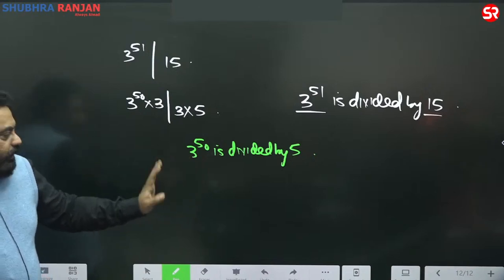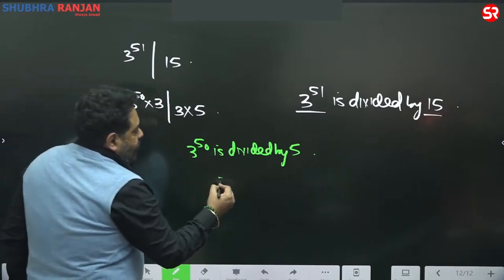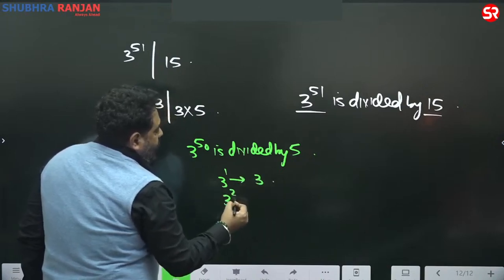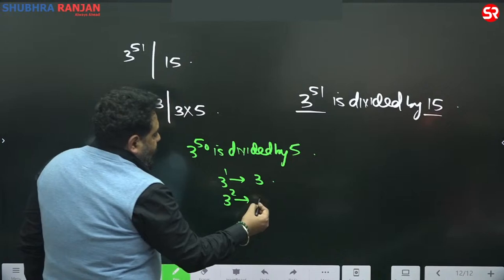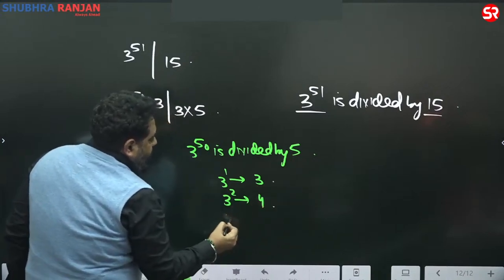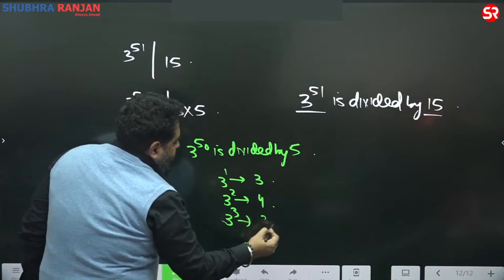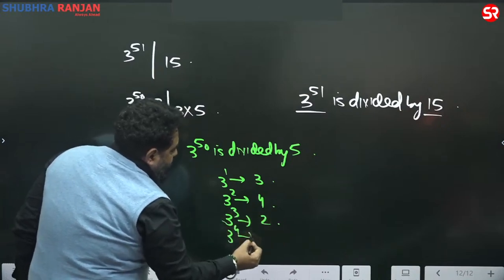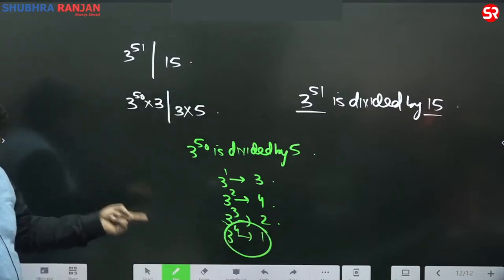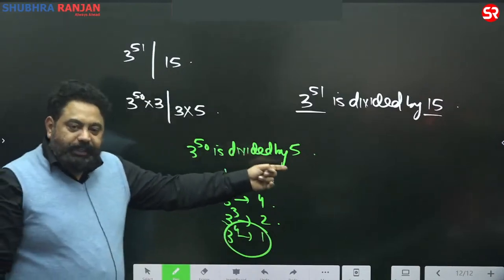Clear? Now solve this question. 3 to the power 1 when divided by 5, remainder is 3. 3 to the power 2 when divided by 5, remainder is 4. 3 to the power 3, 12, which is 2. 3 to the power 4 is 1. So 3 to the power 4 gives you 1 when divided by 5.